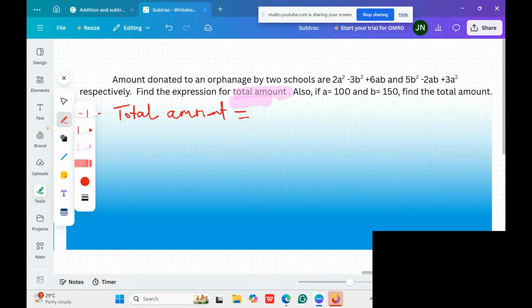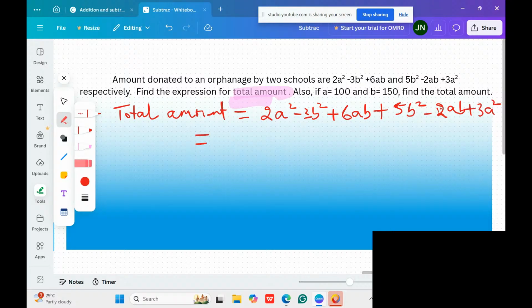is equal to add both expressions. You do not need to put any bracket here because we are adding. We know that even if there is a plus sign outside the bracket and you solve it, you will still get the same signs of the terms. Signs will not change, so you can just directly write the expression without the bracket.